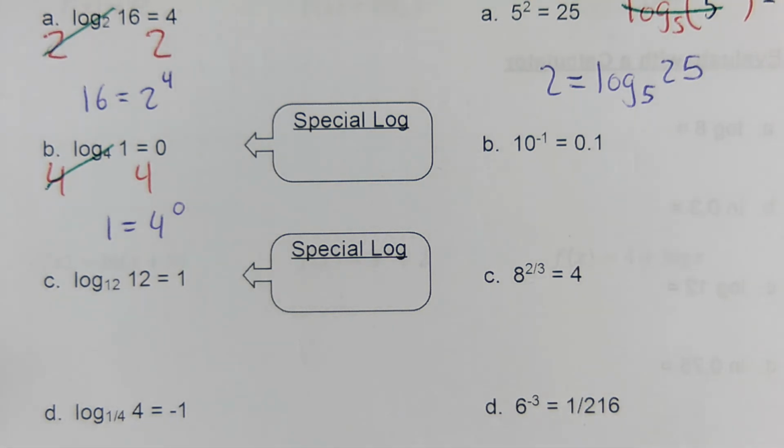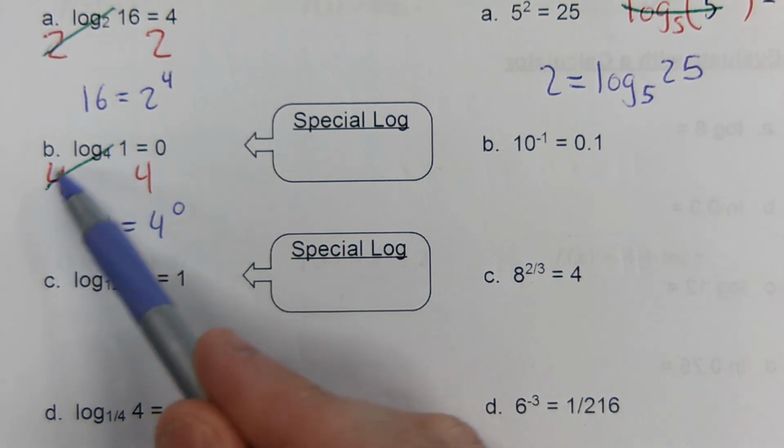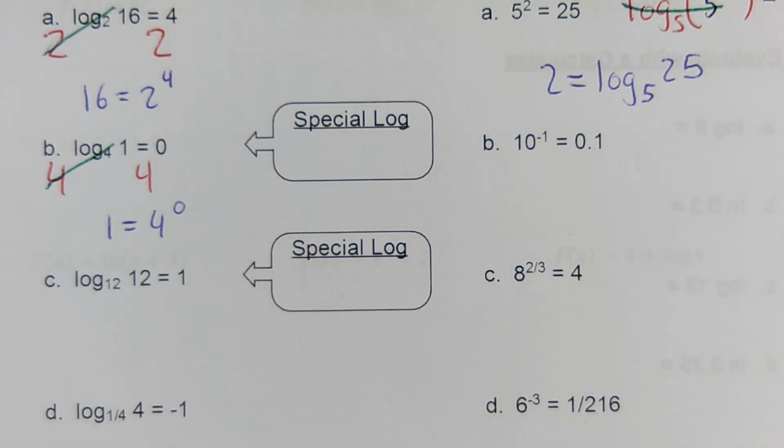But if you do write it, you can see these two operations cancel each other, like plus and minus, or square and square root, or multiply and divide. So I'm not multiplying anything, I'm not dividing anything, I'm using an inverse operation. I'm exponential base 4ing, what a weird thing to say, both sides of the equation.